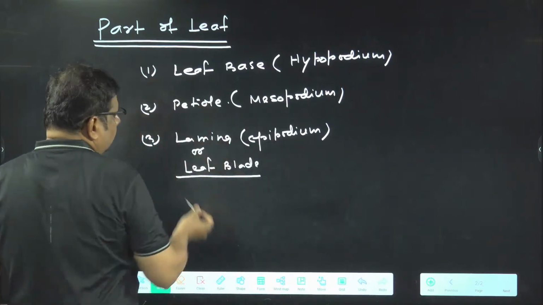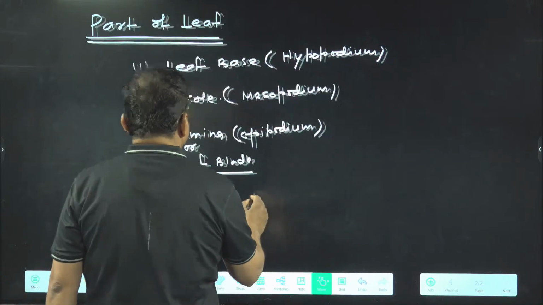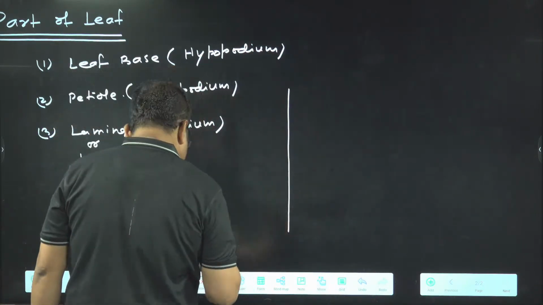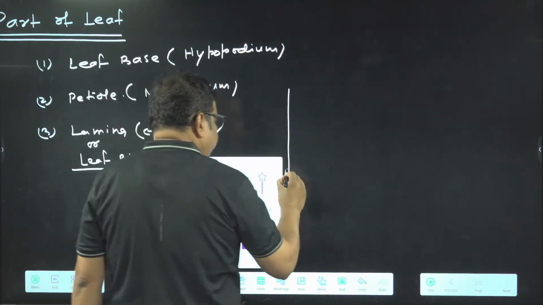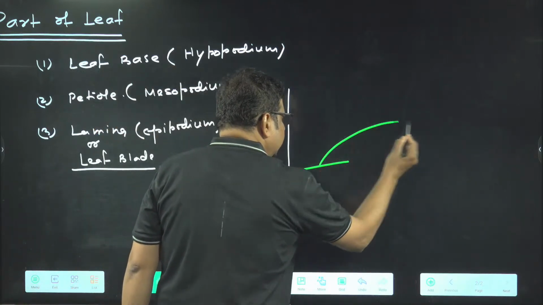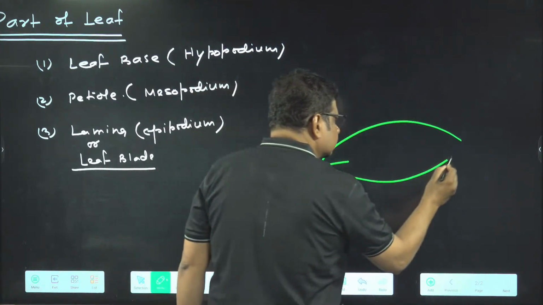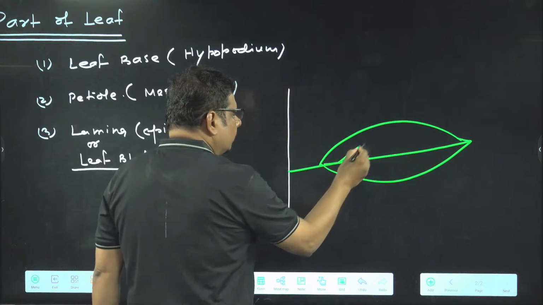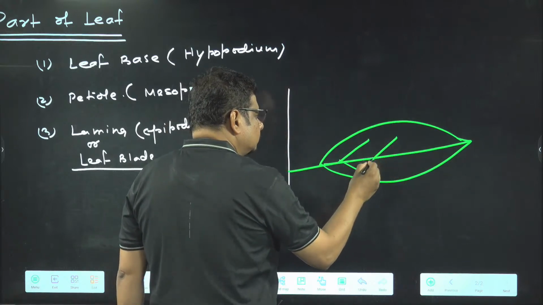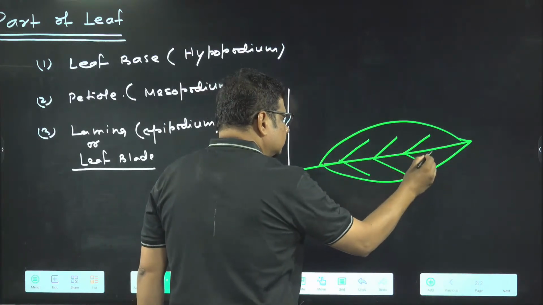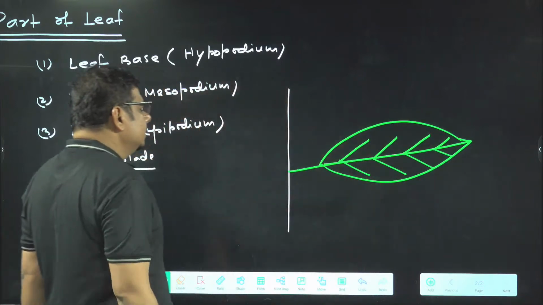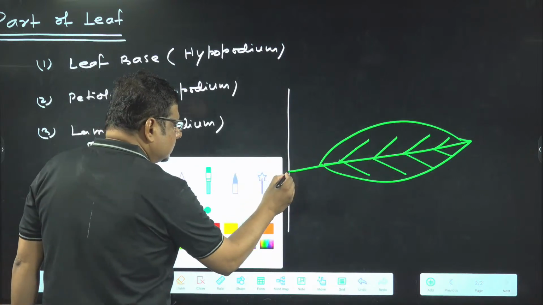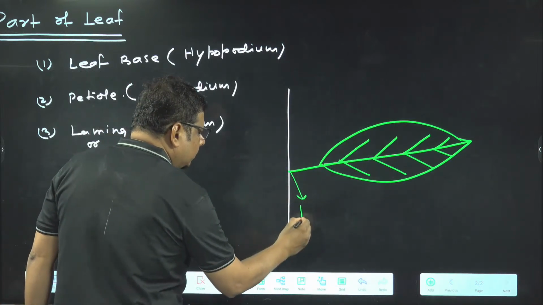and we will say something about the different parts of the leaf. Have a look here. So suppose that this is the stem and here it is what? Leaf. This is the leaf. Okay. So what you will find, where the leaf attaches with the stem, that particular part is called what?